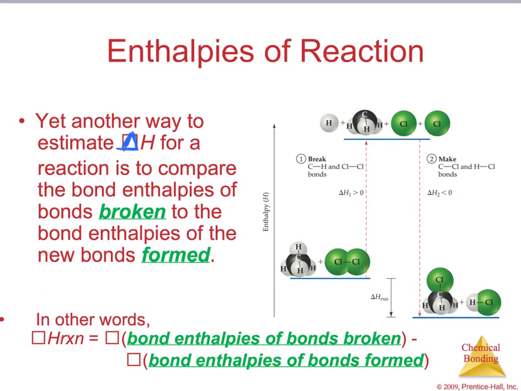So our change in enthalpy of the reaction is going to equal the summation of the bond enthalpies of the bonds that are broken. And this right here and this right here is supposed to be sigma for the summation. So the change in enthalpy of the reaction is going to equal the sum of the bond enthalpies of the broken bonds minus the sum of the bond enthalpies of the bonds that are formed.